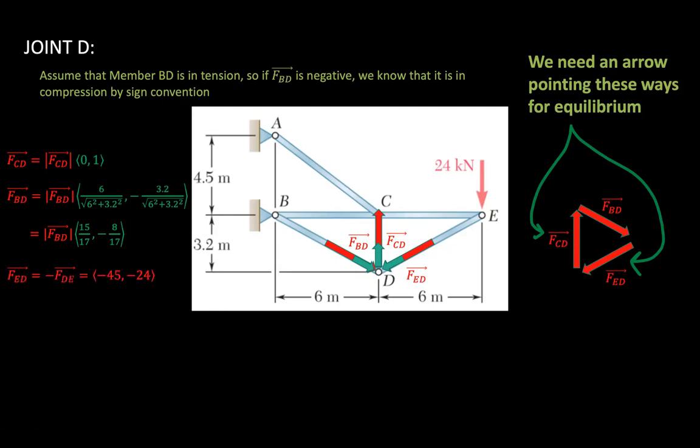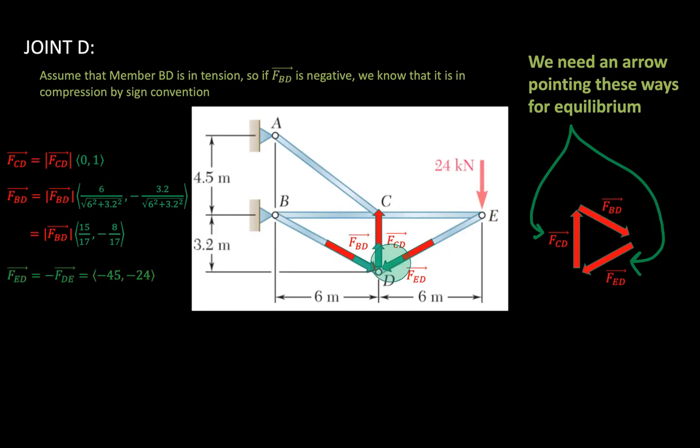FED as a vector is equal to negative FDE. And that is equal to negative 45, negative 24 from what we solved previously, because in the previous slide we solved for FDE. So the unit vector 0, 1 is this unit vector, the second unit vector along BD.